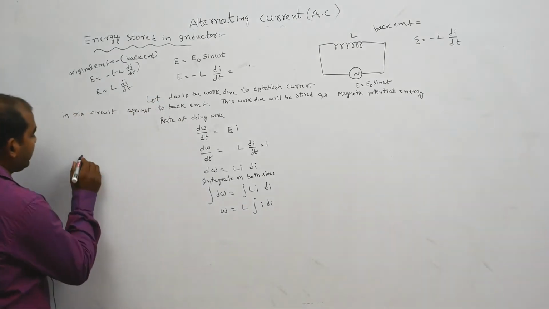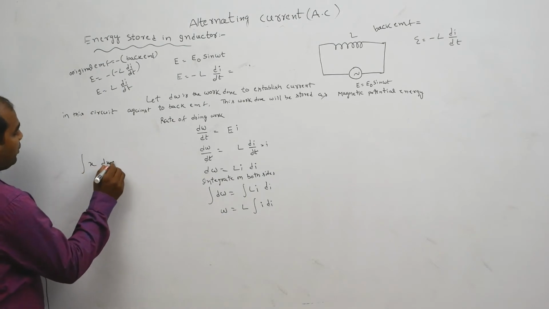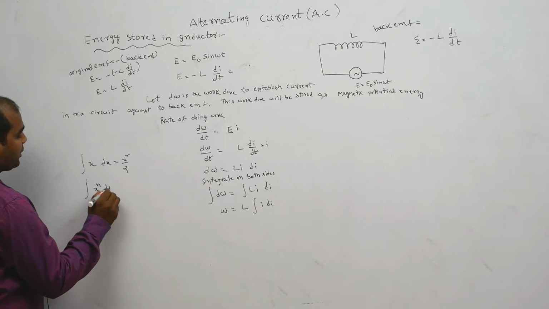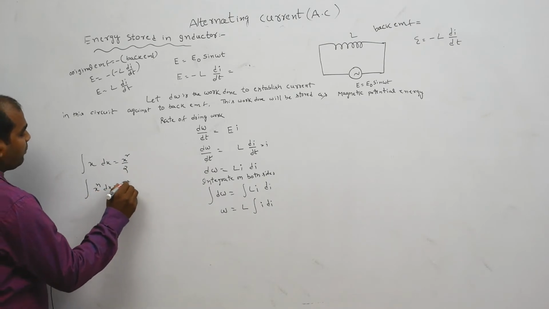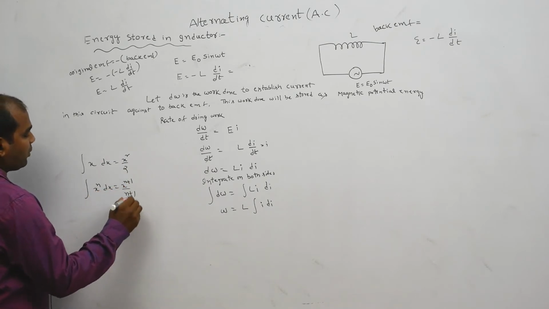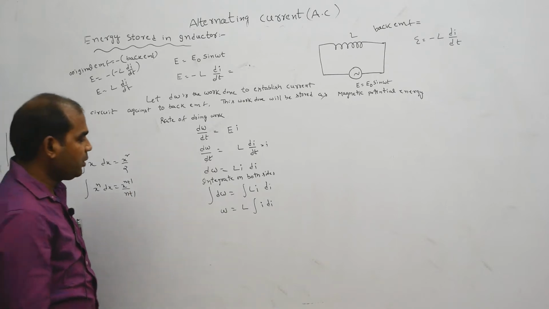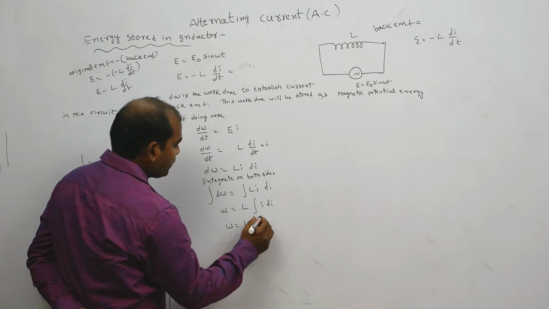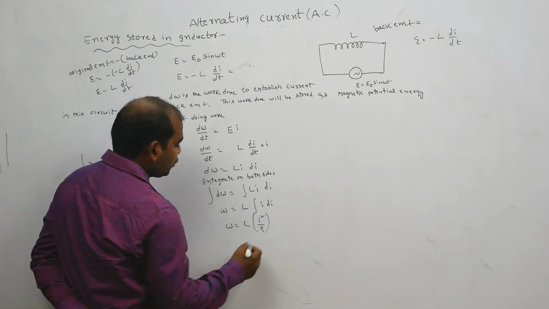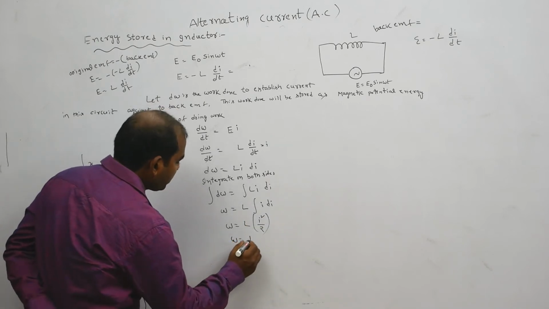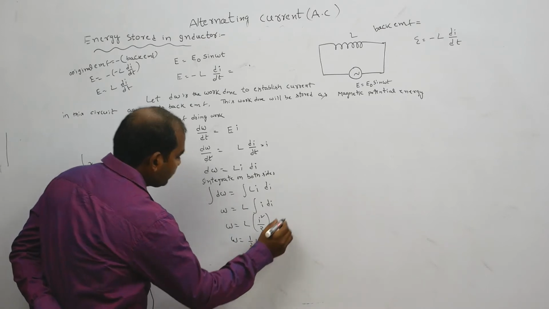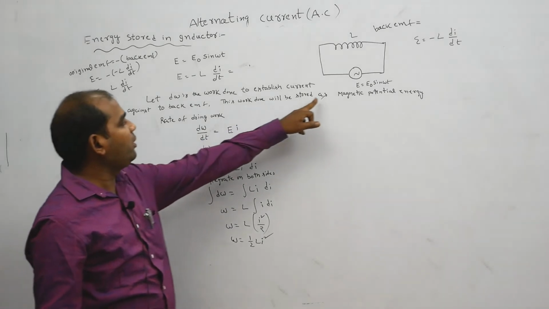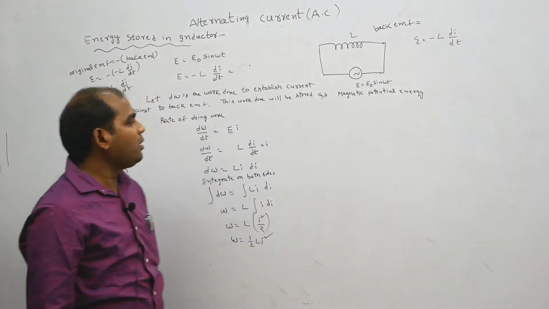We all know the integral formula: integral of x dx is x square by 2, according to the formula integral of x power n dx is equal to x power n plus 1 by n plus 1. Based on this formula, W is equal to L into I square by 2. So W can be written as half L I square. This total work done is stored as magnetic potential energy.